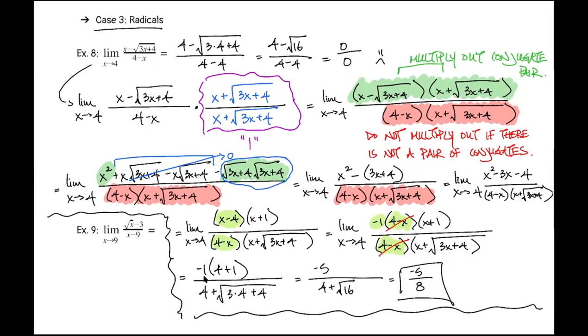We're going to use the idea that we multiply out the conjugate pair, but the part of the fraction that is not a conjugate pair, we're going to leave that alone. The reason is that it should cancel with something else at some other point. If we multiply it out, we're going to lose sight of that, and then we're not going to be able to cancel anything.